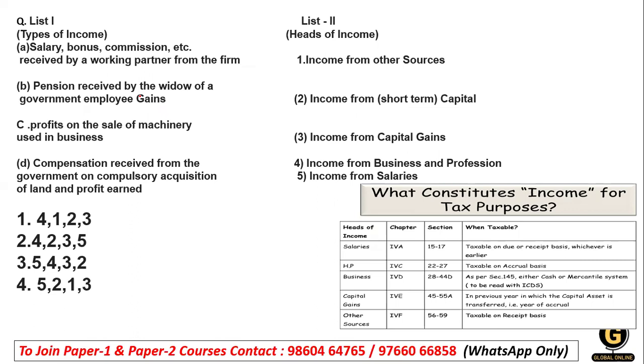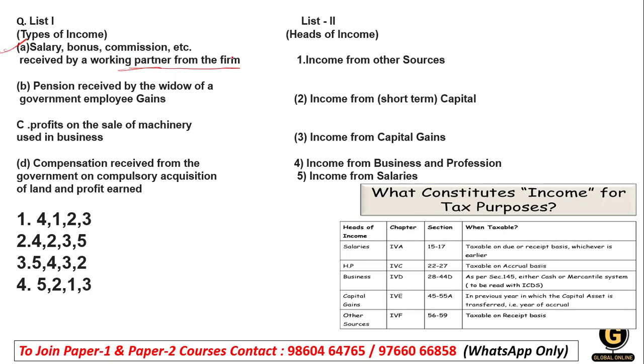Now next question. On your screen, a match the pair is given. List number 1 is the type of income and list number 2 is the head of income. So salary, bonus, commission, etc. received by a working partner of the firm. When you read the question, salary and bonus seem to come under the salary head.